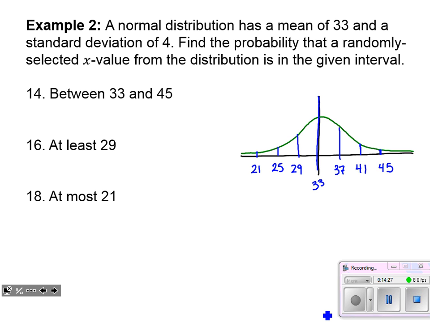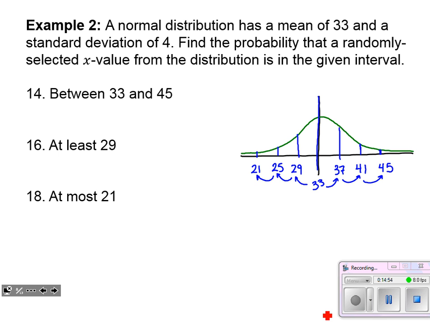You'll notice that I just moved 1, 2, and 3 standard deviations away, in this case 4 units away, in each direction from our mean. Okay, the same percentages still apply. It is a normal distribution, so we still have those same percentages to fall back on. Now it's just making the prompts in the problems match up with our little diagram here.